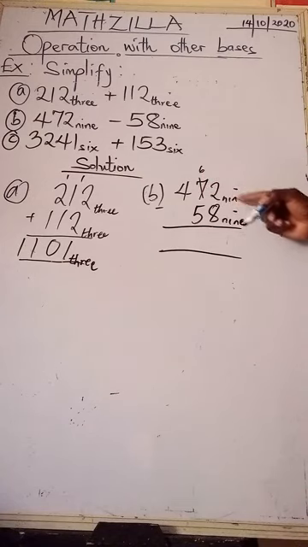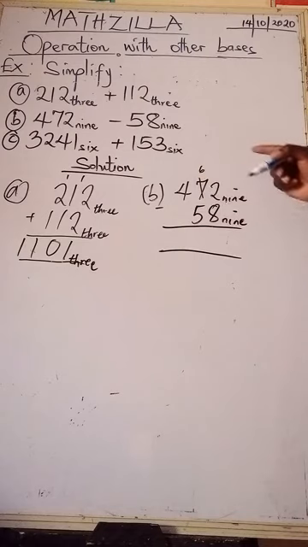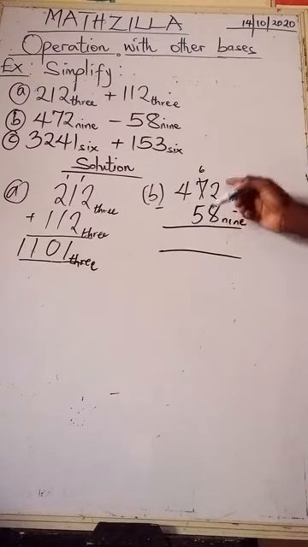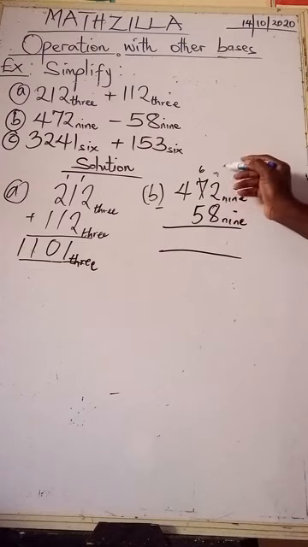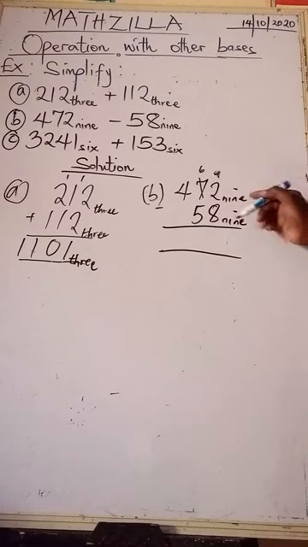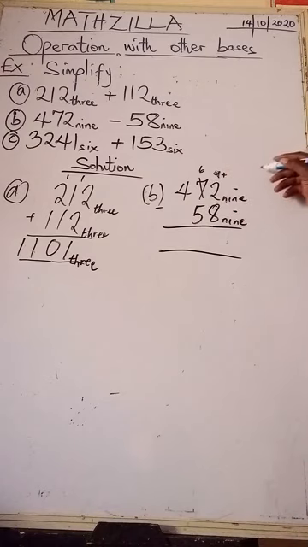If here is base 5, that 1 you borrow is 5. If it is base 6, that 1 you borrow becomes what? 6. So since both of them are in base 9, if you borrow 1 from here, that 1 is actually 9. So you add 2 here. 9 plus 2 gives us 11.